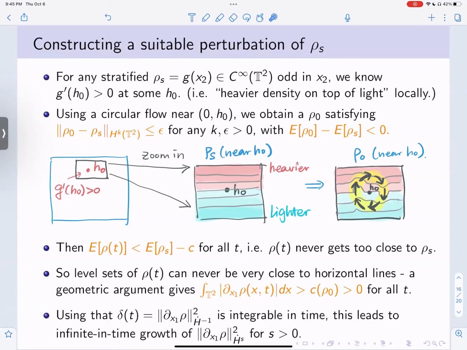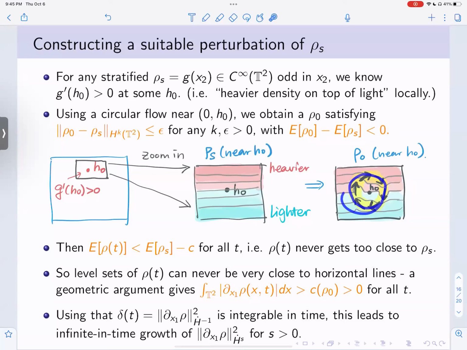So for any density in the torus, we are able to identify some point such that locally heavier fluid is on top of the lighter one. And now we grab such a point and we would like to do some local perturbation. The perturbation is done in the way that we use a local rotating incompressible flow to tweak it a little bit.